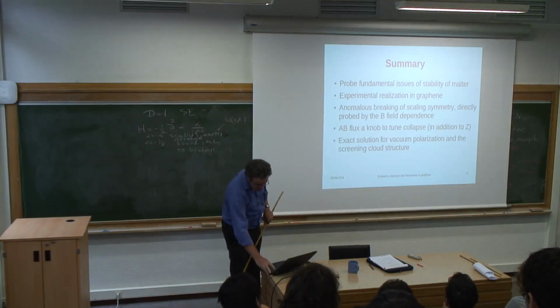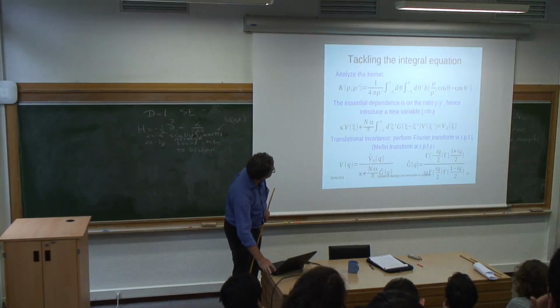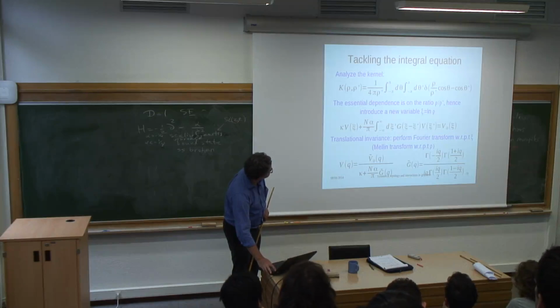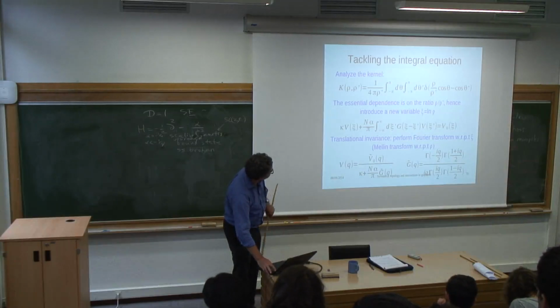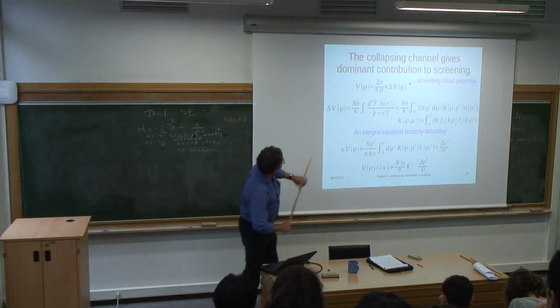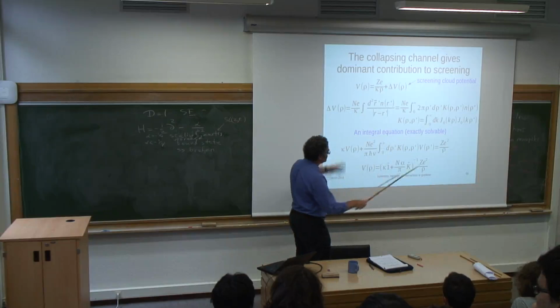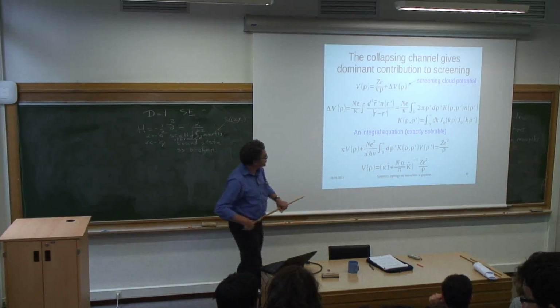So at weak coupling, you can do a self-consistent analysis of the screening cloud, and then using scaling symmetry, the resulting integral equation that you get for the screening charge can be Mellin transformed to an algebraically solvable equation.